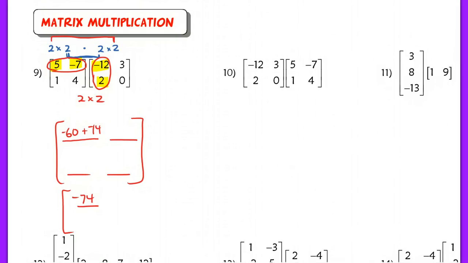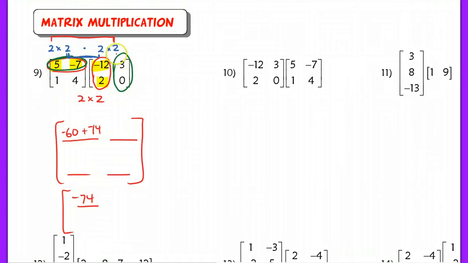Now when I find the first row, second column, so this would be R1, C2 if you wanted to abbreviate that, to find the number that goes in this position, what I'm going to do is take that exact same row that I had before, and I'm going to multiply it by this column here.